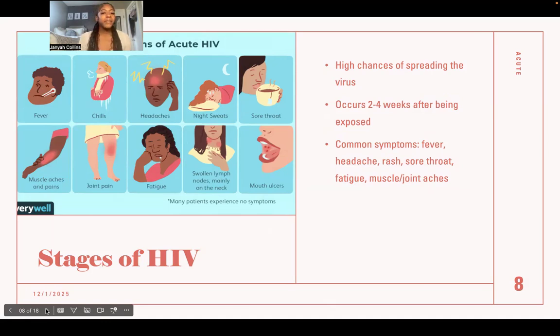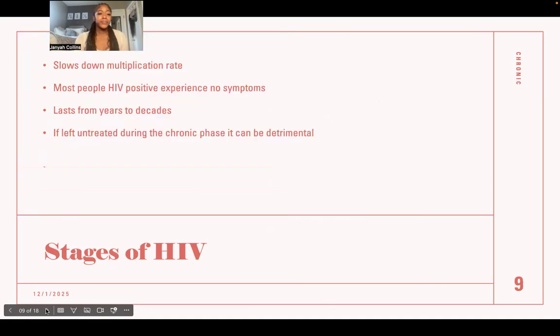We have common symptoms, and I have a picture here on the left which shows you: fevers, chills, headaches, night sweats, mouth ulcers, and so on. It's also very important to know that everyone's body is different. Some people may experience these symptoms, and some people may be asymptomatic and not experience any symptoms at all, but they still carry this disease.